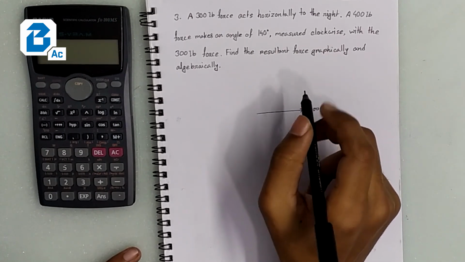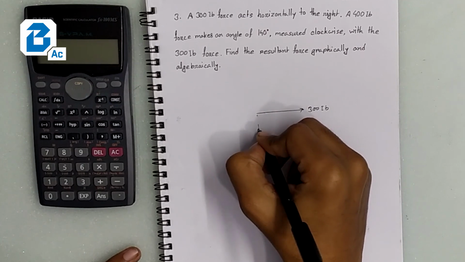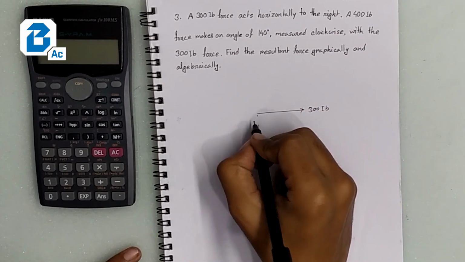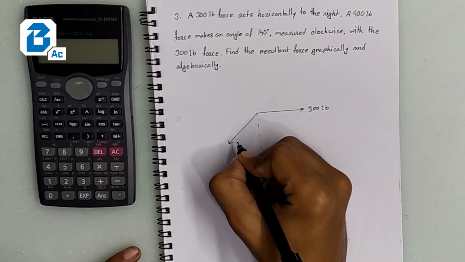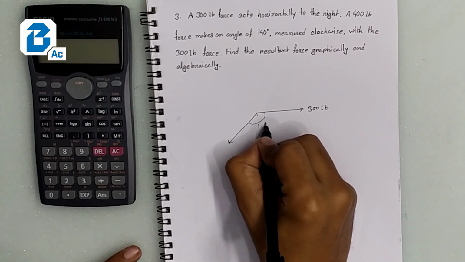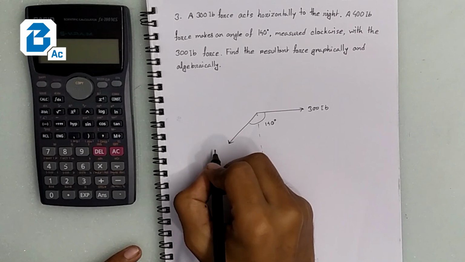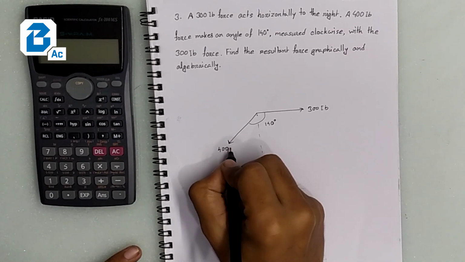So if we measure it clockwise, then it will go this way. This is roughly the 90-degree mark, so we will go beyond that. So let's assume this is the 140 degrees. And this force will be 400 pounds.